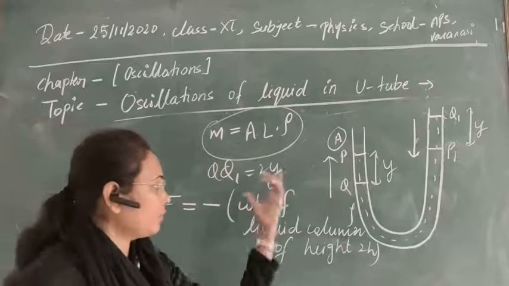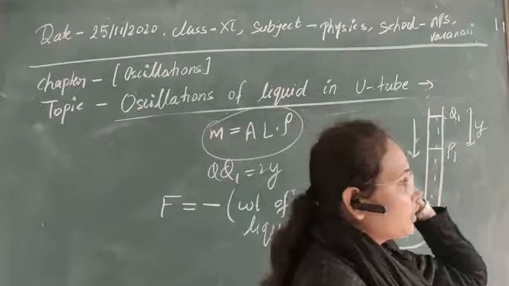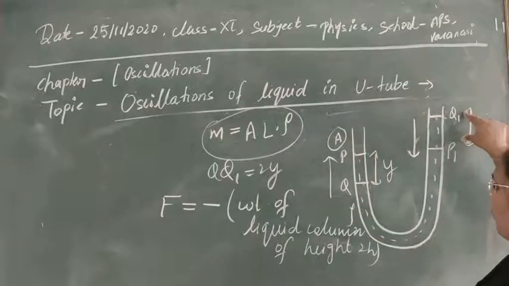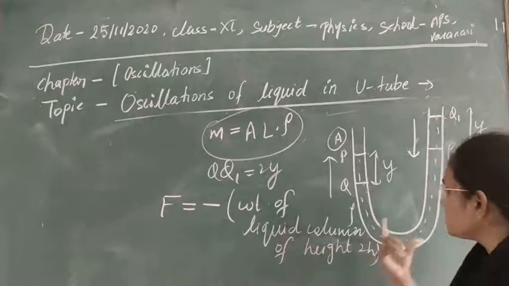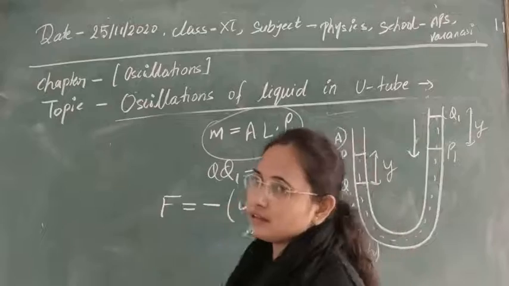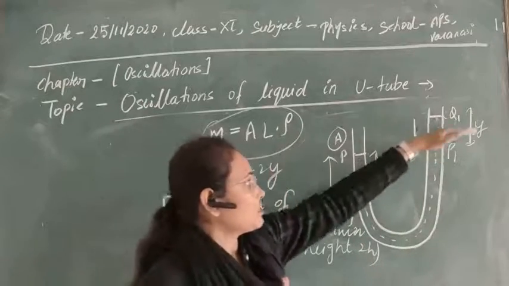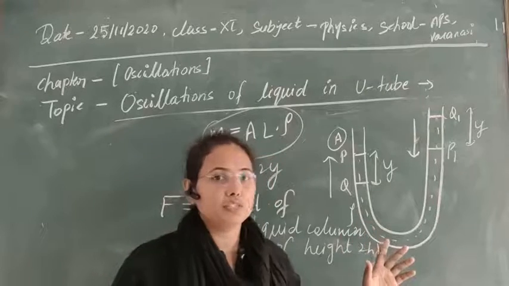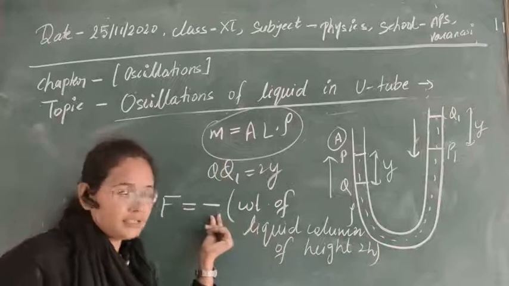So we calculate the weight of the liquid column that is displaced in the U-tube due to this displacement y, and this weight will be equal to the restoring force. And as you know, if the displacement is in this direction, then obviously the restoring force will always be in the opposite direction. So due to that, the minus sign is taken.